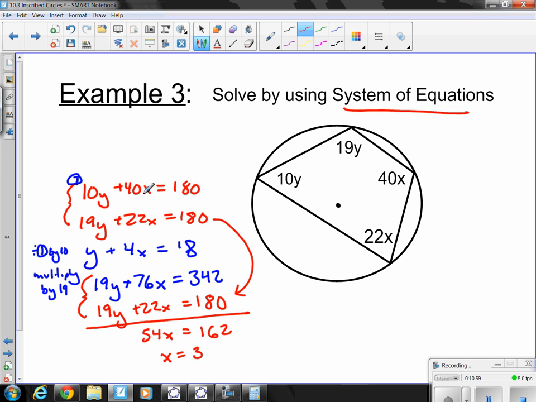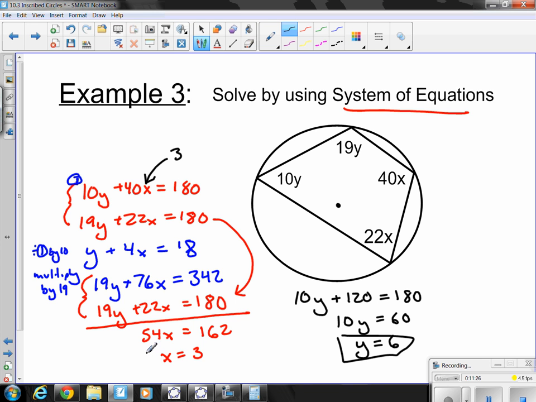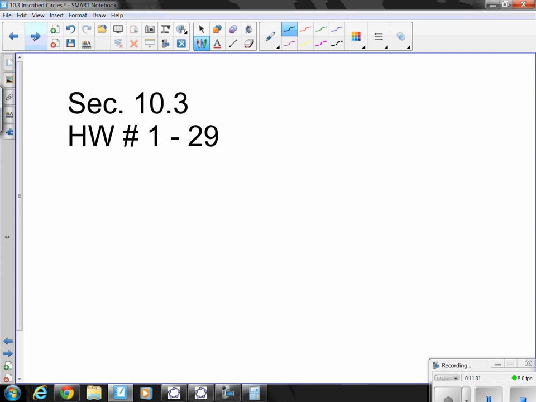So we can come back to this equation and put in 3 for x. So you get 10y plus 40 times 3 is 120 equals 180. Subtract 120 from both sides. 10y equals 60. So y equals 6. There's a homework assignment. Peace out.